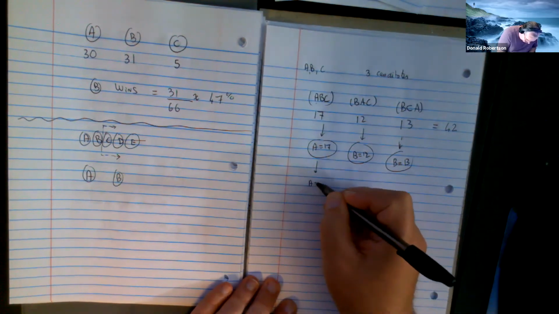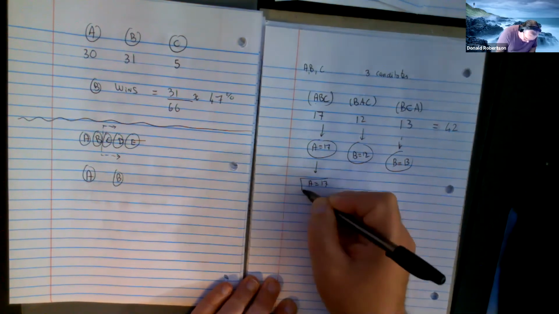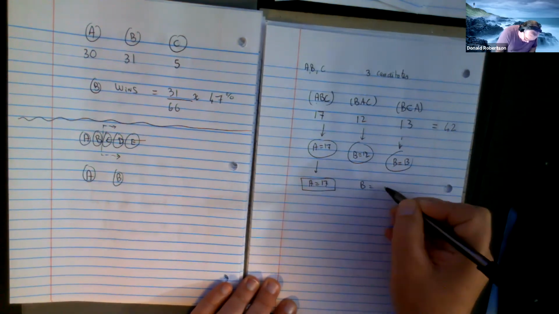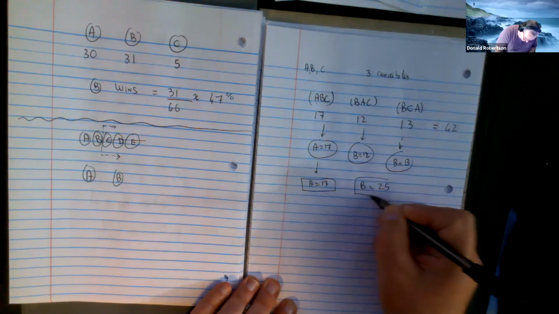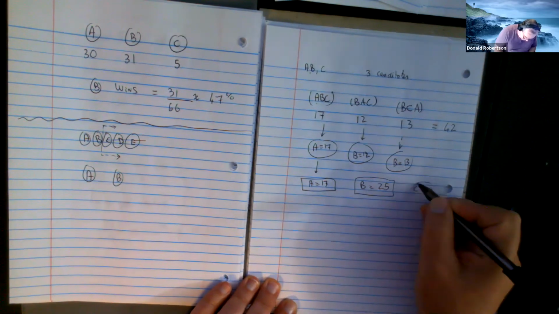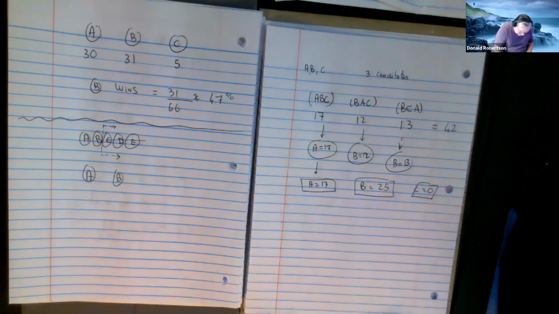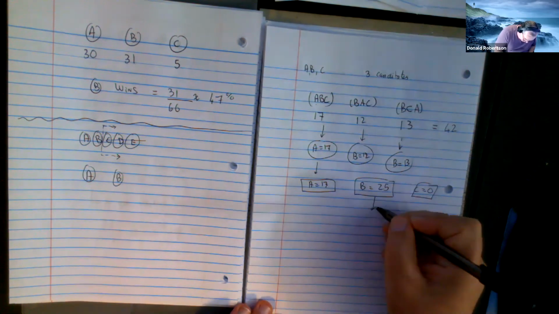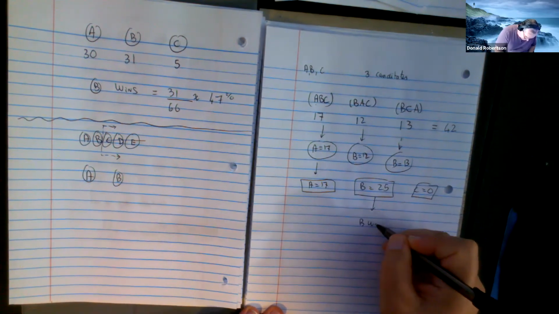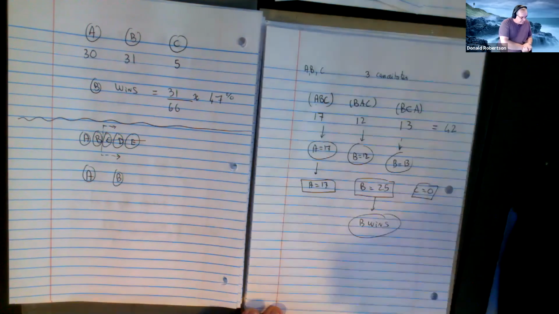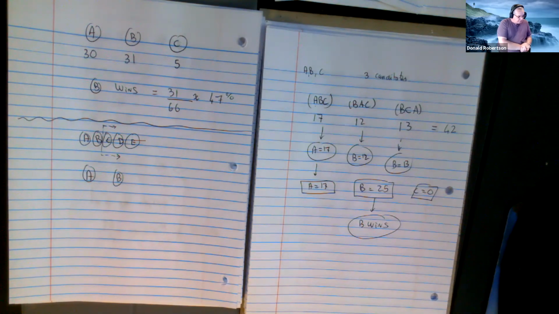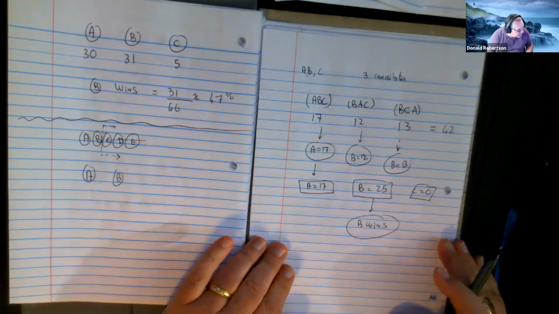A, 17 in total. B, 25 in total. And C didn't get anybody who picked him their first choice. Can you see here that B wins? Do you see how that system works? Basically, your first vote is your only vote. The other two in these situations don't really get counted, right?